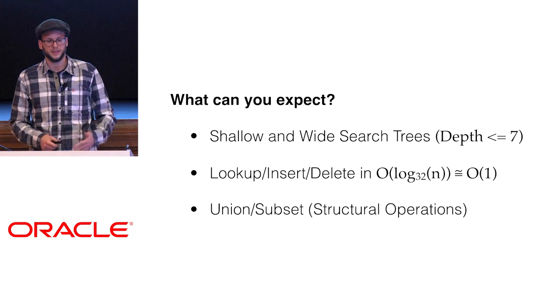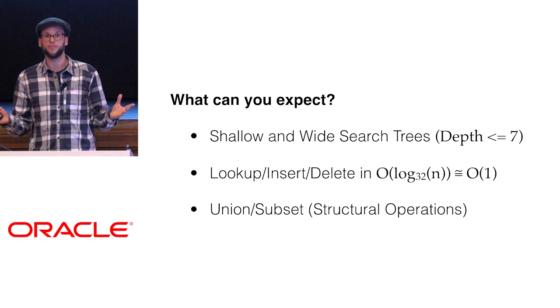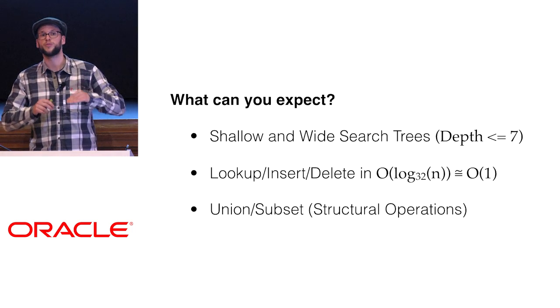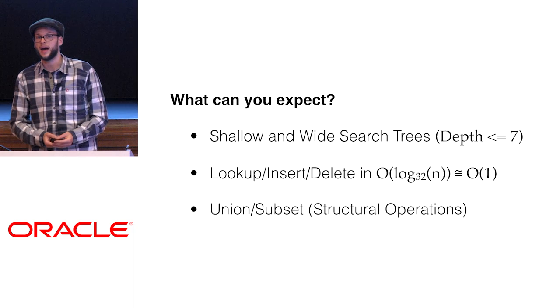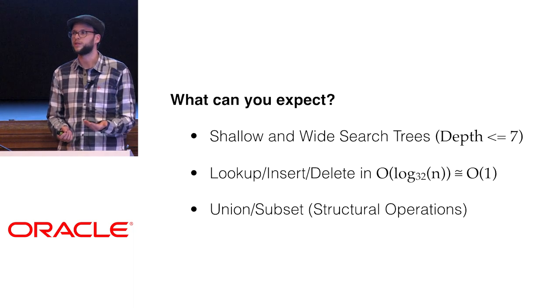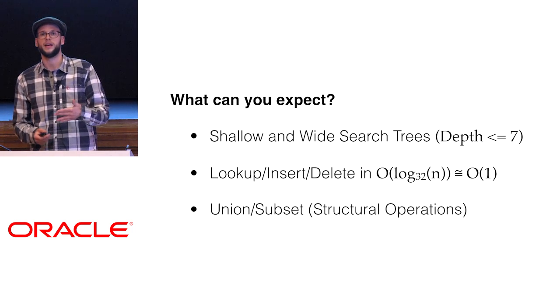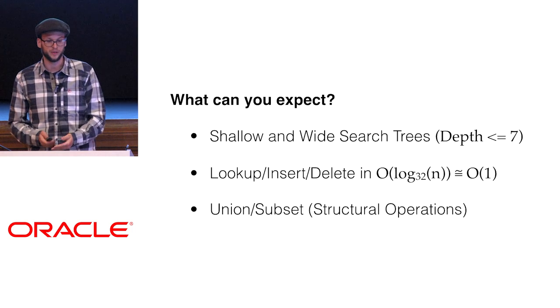By having that shape of trees, we get performance characteristics for lookup, insertion, and deletion that are in a very small log number. The Scala community, for example, coined a phrase saying it's effectively constant, because you have to traverse a maximum path of up to 7 nodes to get there.